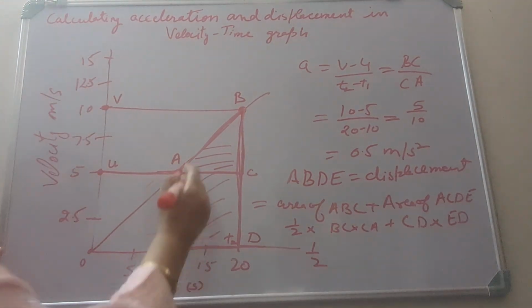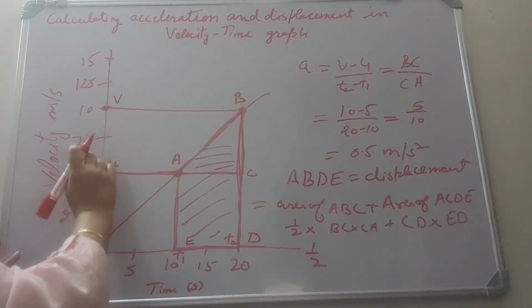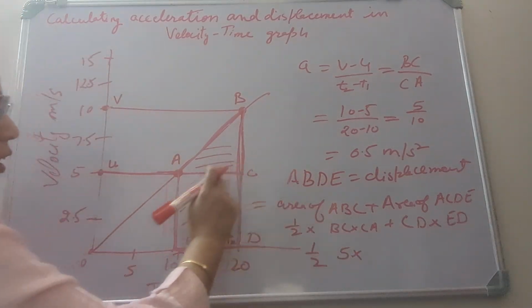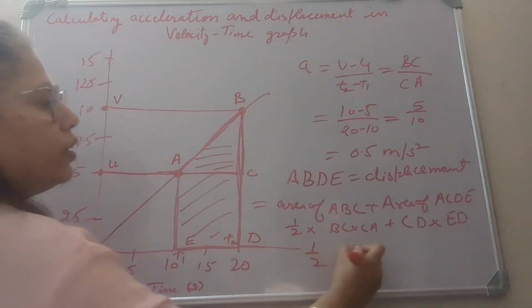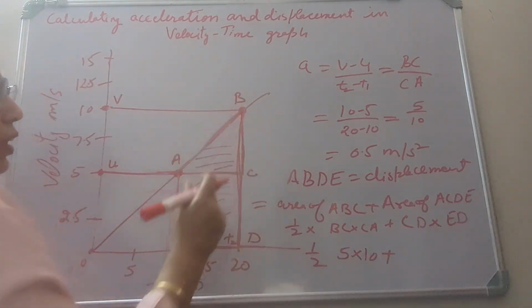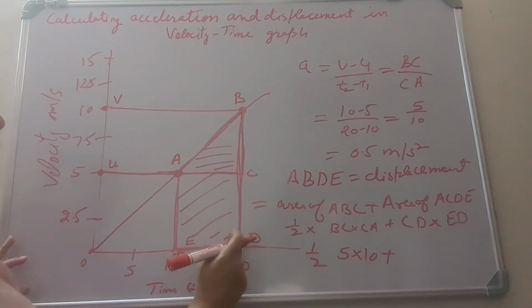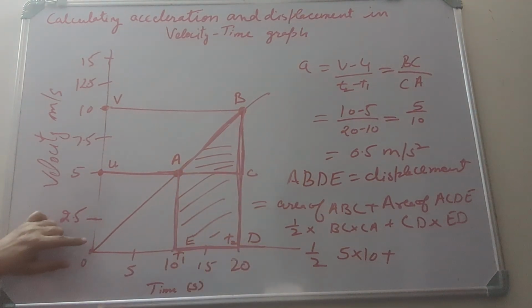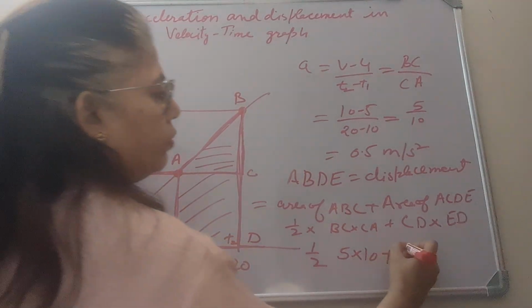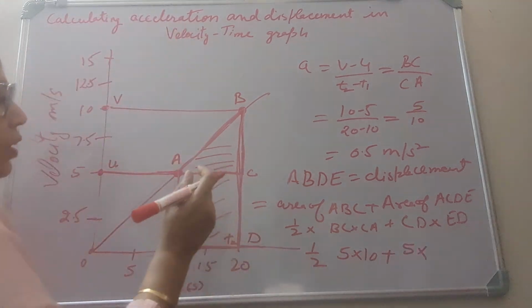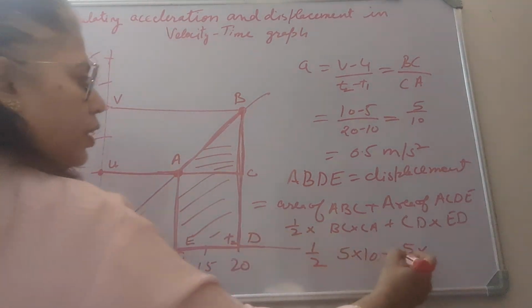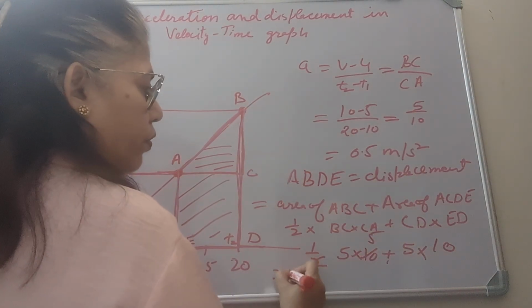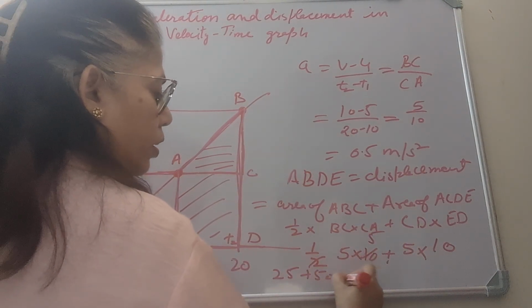BC is 10 minus 5, that is 5. CA is 20 minus 10, that is 10. CD is 0 to 5, that is 5. And ED is again 10. 25 plus 50.